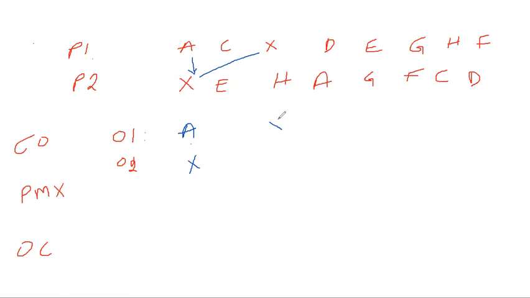So it will be a cycle like this. X's corresponding is H, so I'll fix the position of H here. H's corresponding is C. It may bring out the shortcoming of this also. So C is getting fixed. C's corresponding is E, so E gets fixed.